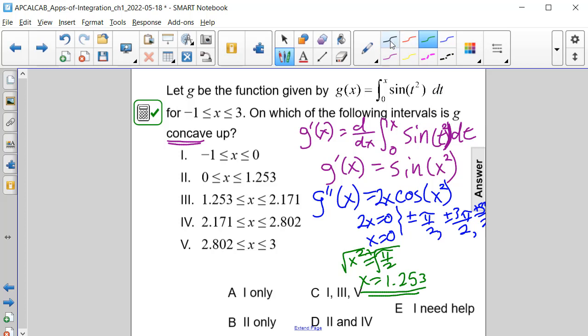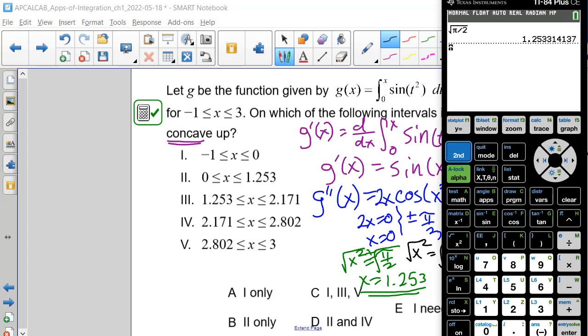Now let's also set x squared equal to 3 pi over 2. Again, we're not setting it equal to the negative of it, because if we square root a negative, we will have an imaginary solution. So when we square root this, we have square root of 3 pi divided by 2.